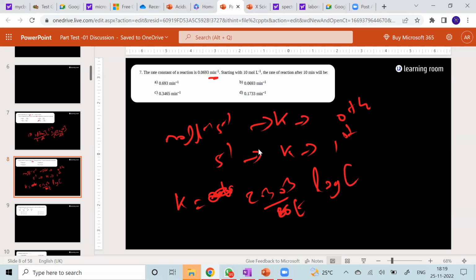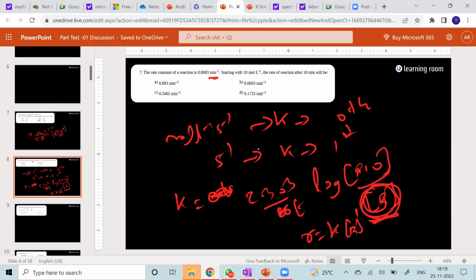Now we'll have this concentration found out. Initial concentration is 10. The final concentration we don't know. First, we'll find out this final concentration. Once we find out this final concentration, then go to this equation. R is equal to K R power 1. Now the concentration we will substitute is after 10 minutes. Whatever concentration you got here, substitute that and find the rate. That's it. Very simple.